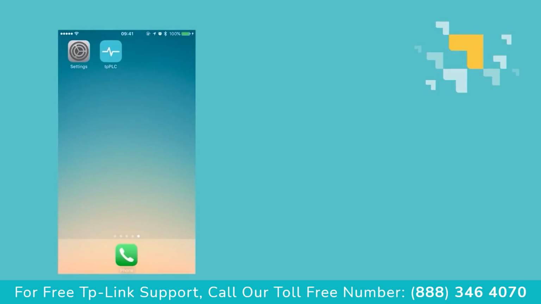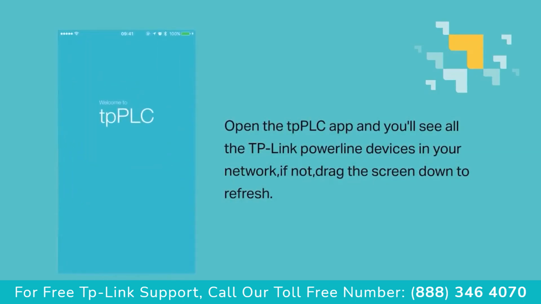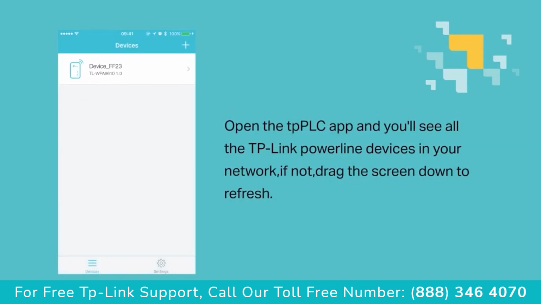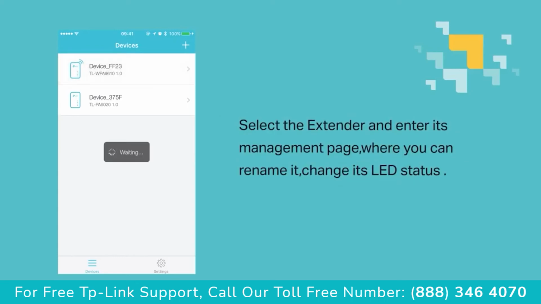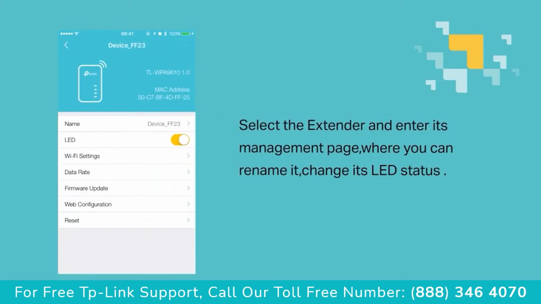Third method, open the TPPLC app and you'll see all the TP-Link Powerline devices in your network, but if not, then drag the screen down to refresh. Select the extender and enter the management page where you can rename it and change its LED status.